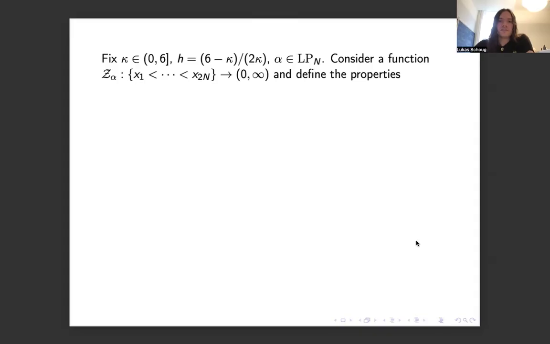And now I'm going to list 4 properties which you really don't need to care about, but they're necessary to characterize these functions that are necessary to construct these multiple SLEs. So first we fix kappa between 0 and 6. And here it's a restriction on the values of kappa that we can choose because, well, as kappa is bigger, the curves get rougher.